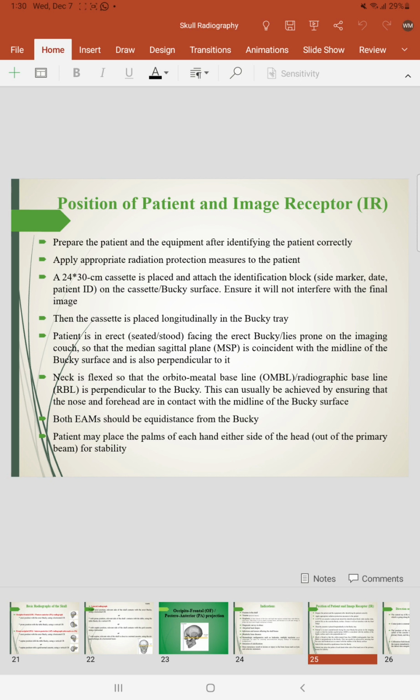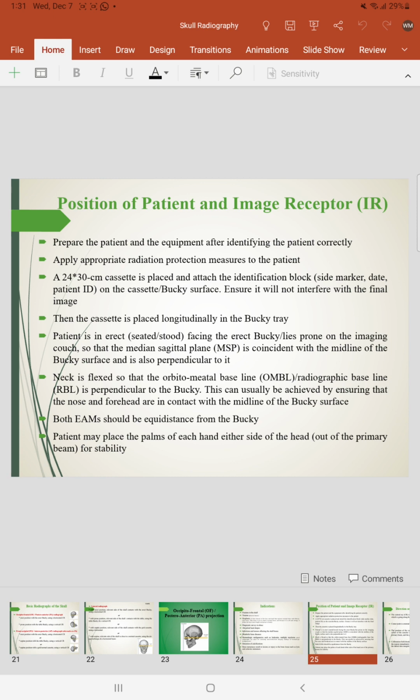Patient is erect, seated or standing, facing the erect bucky, or lies prone on the imaging couch, so that the median sagittal plane is coincident with the midline of the bucky surface and is also perpendicular to it. Neck is flexed so that the orbitomeatal baseline or radiography baseline is perpendicular to the bucky.